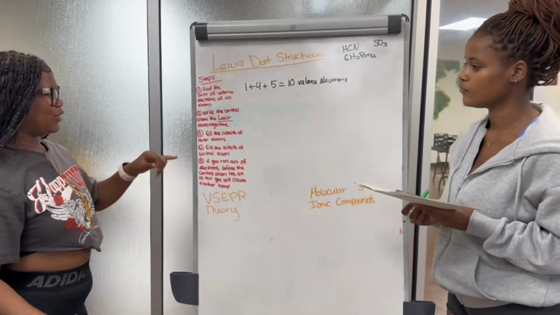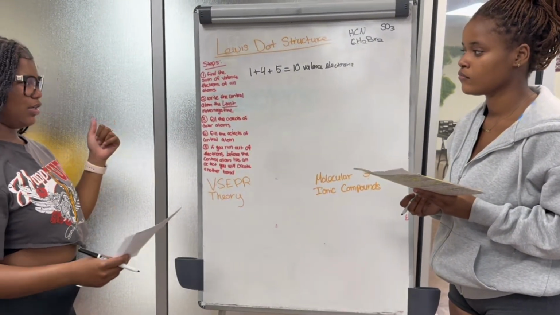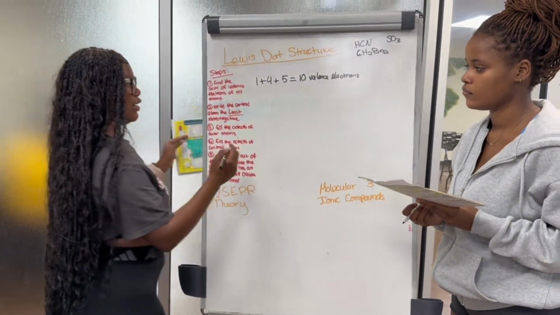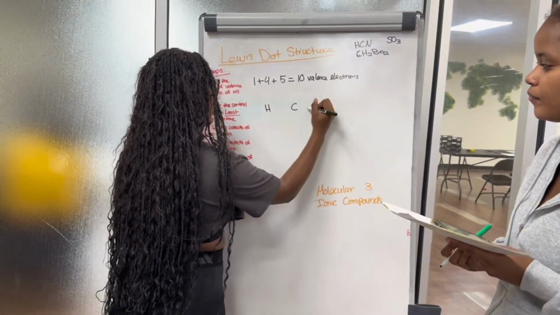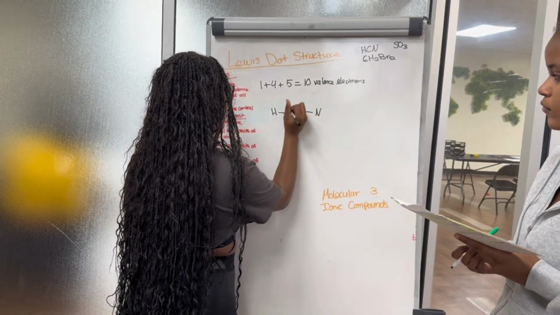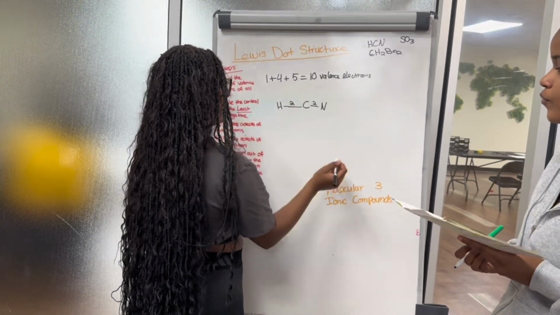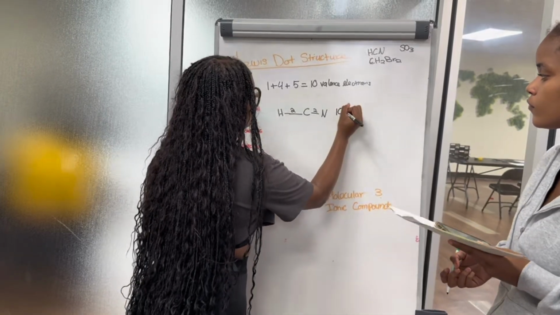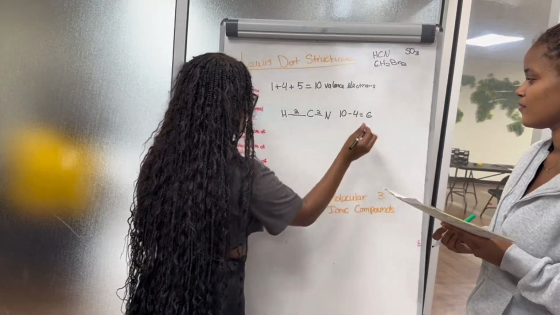The second step is to write the central atom, and the central atom is the least electronegative. So the central atom would be carbon, and then you would have hydrogen on one side and nitrogen on the other, and you would connect them both. You use 2 and 2, so you use 4 valence electrons, and you would do 10 minus 4, which gives us 6 remaining.